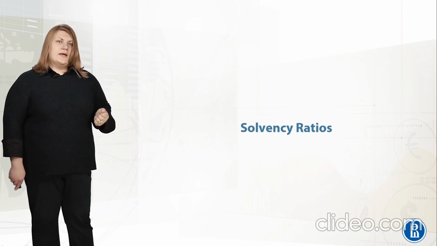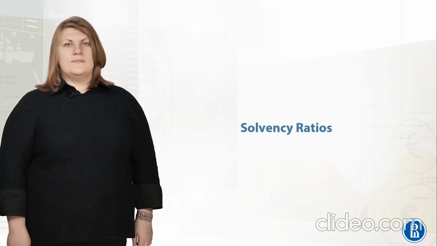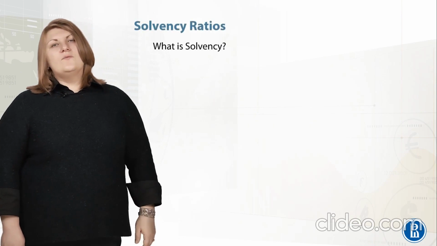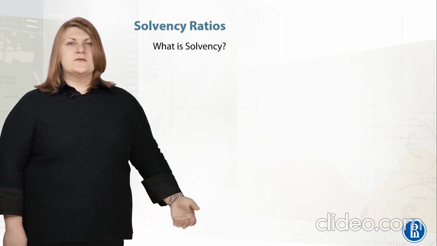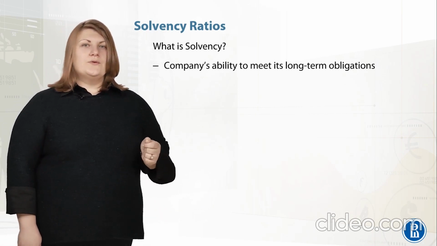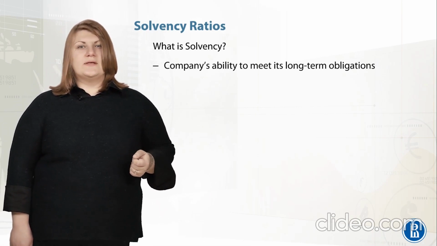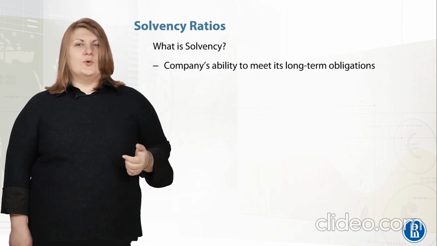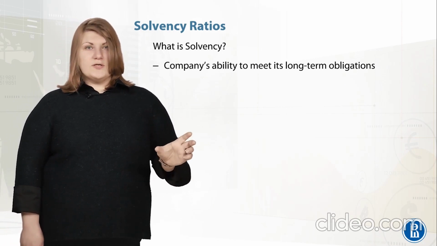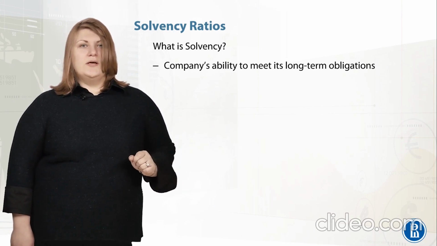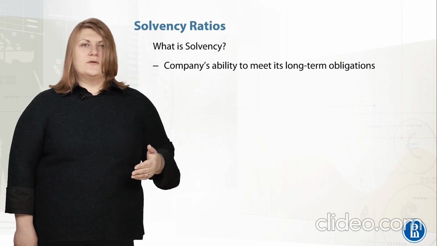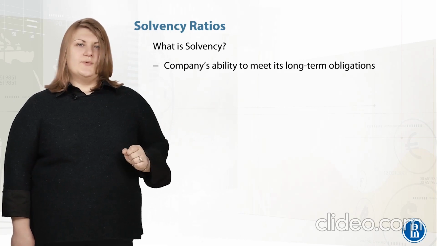Now let's look at the solvency ratios. We will now look at solvency ratios. First of all, what is solvency? Under solvency, we usually understand the company's ability to meet its long-term obligations. Remember, the definition of long-term obligation usually refers to obligations which exceed a 1 year period.